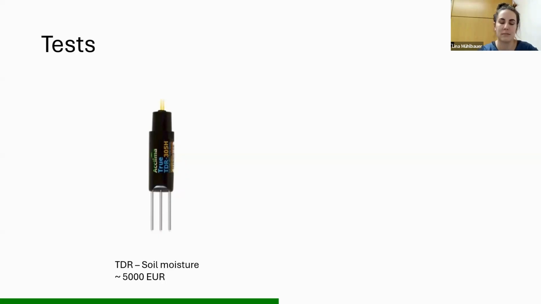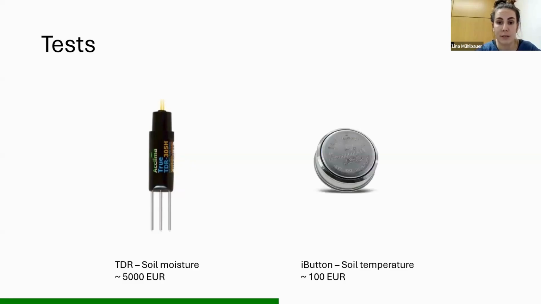There are several kinds of sensors you can buy from companies, and we performed some tests. So we used the TDR soil moisture probe, to manually probe soil moisture, which costs about 5,000 euros. And the other comparison we performed was an iButton.